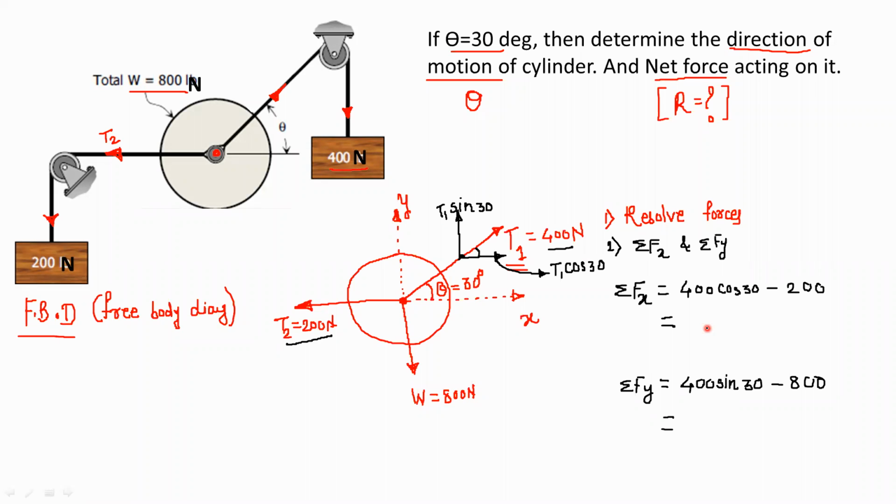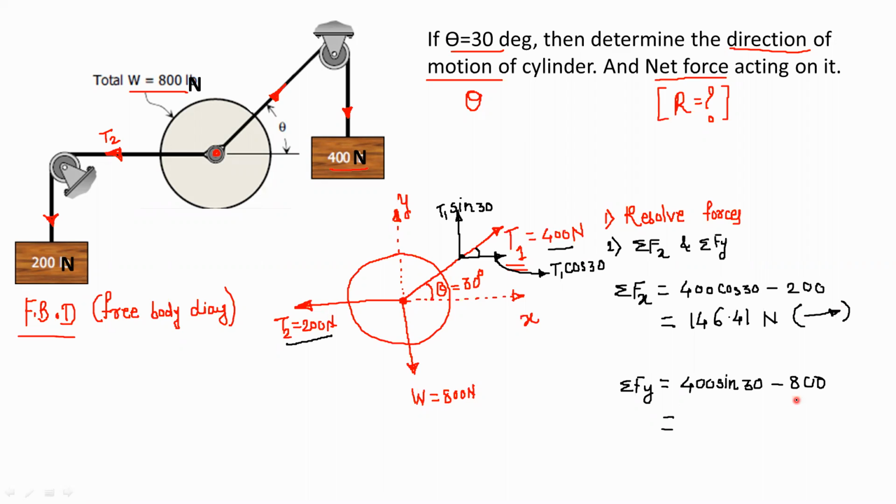So if you have the calculator, you can solve that. So the first answer for summation Fx, it is 146.41 Newton. Just check the answer and it is positive. That means your summation Fx is directed towards the positive x direction.